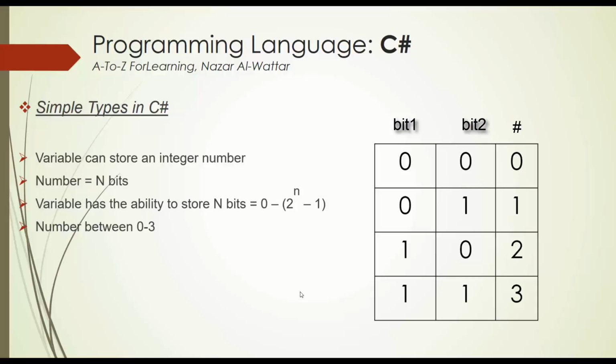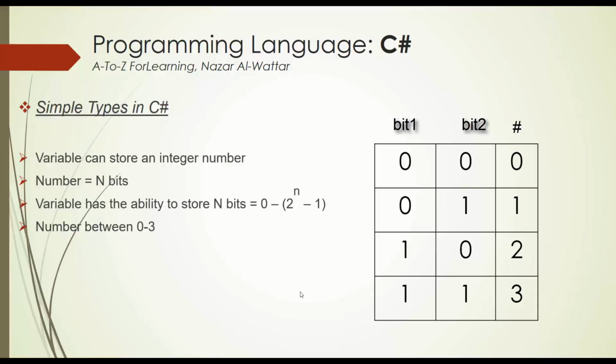For example, a number like 6 is represented by 3 bits, so we need a variable that can store 3 bits.